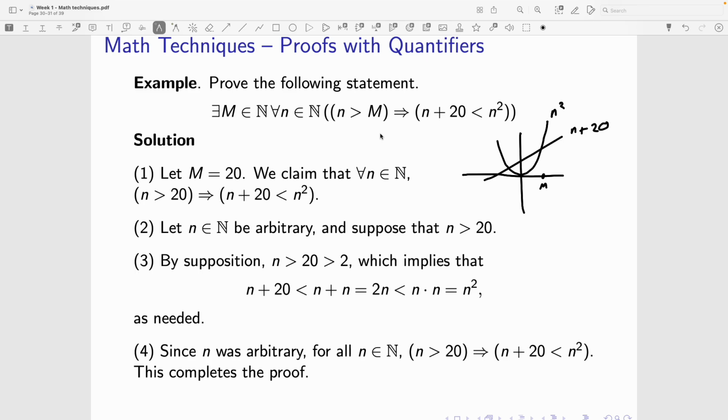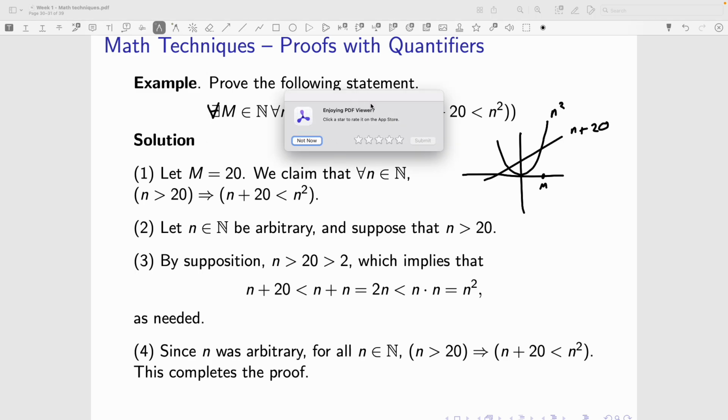M is 2 and n is 3. Then the statement just, wait. Okay, I think then the statement would be false for that specific value of m. Then it's not true at all. But then it would be false if the quantifier were for all.